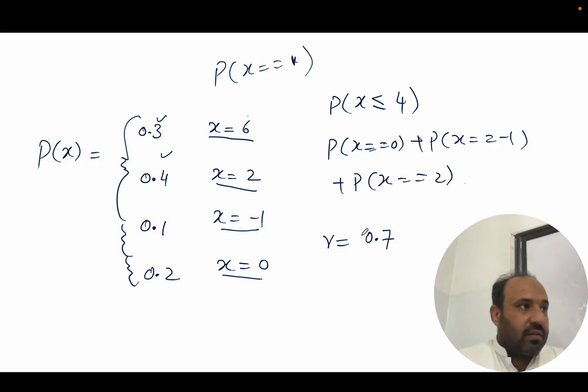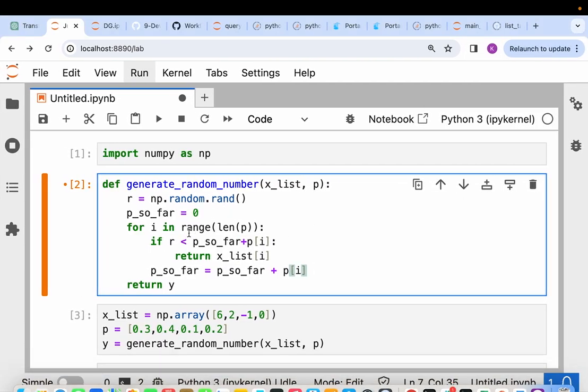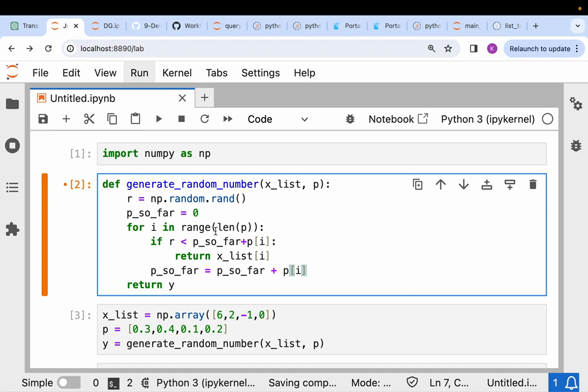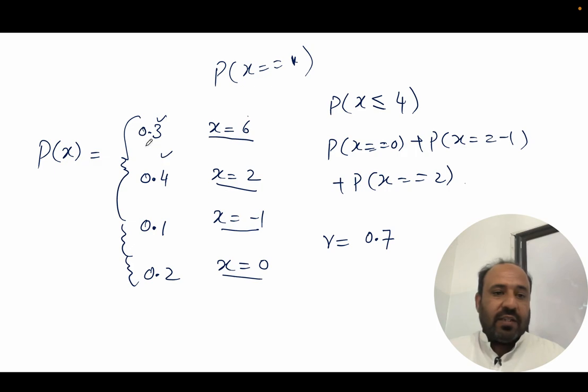Right now, with the code we have written, for the very first time p so far will be 0 and r is not less than p[i], which is 0.3.